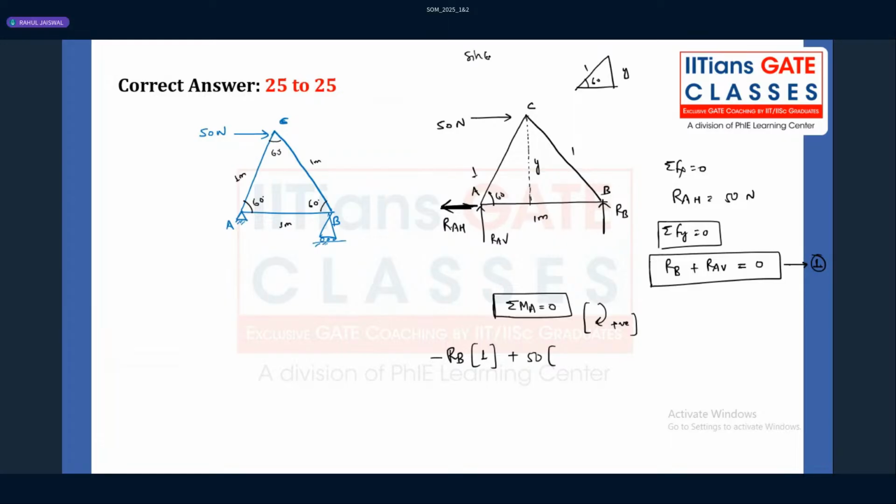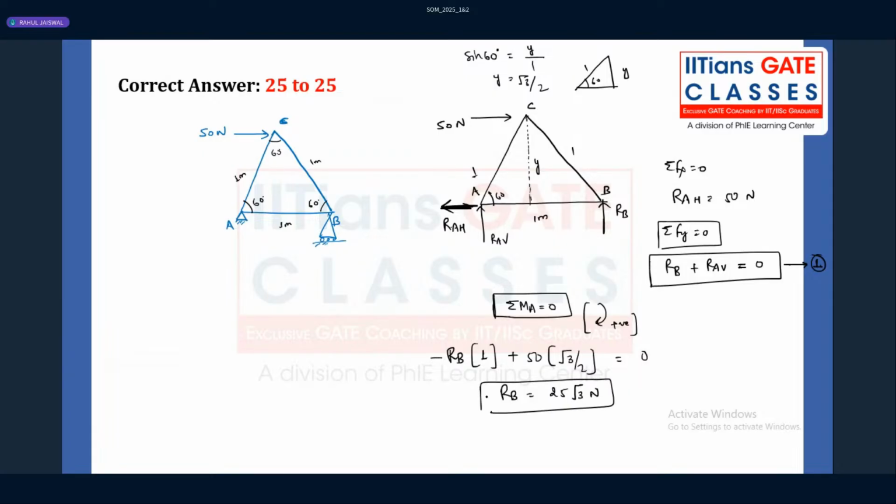What is sine 60? It is root 3 by 2. That is equal to 0. So what is the RB value? It is 25 into root 3 Newton.